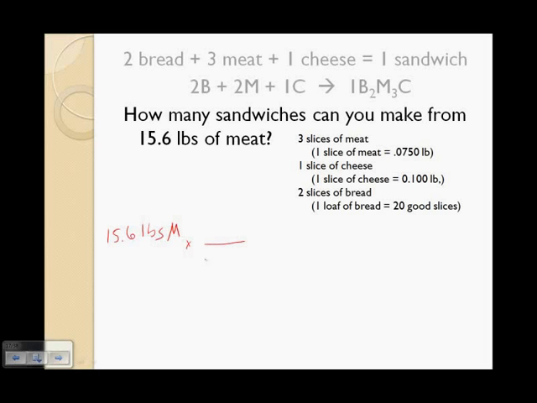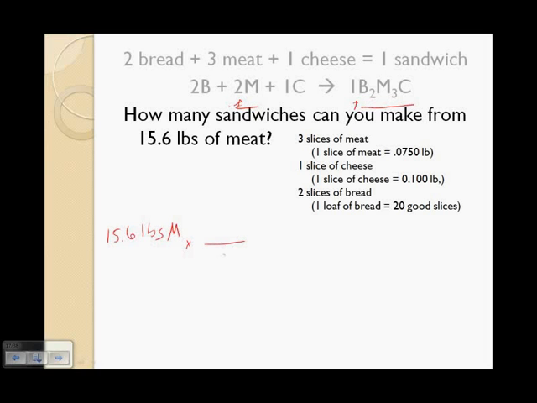And in order to go from meat to sandwiches, what I have to use is these mole ratios. So I have to first convert the weight to moles.